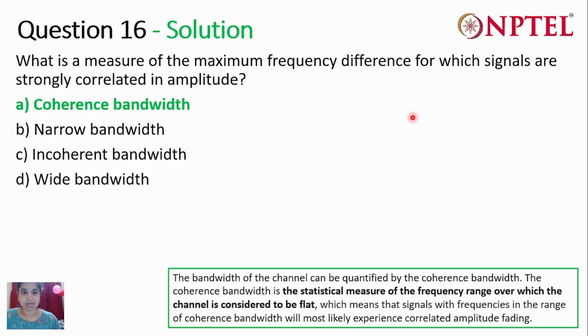As I said, the answer is coherence bandwidth. Generally, coherence bandwidth is the measure of the frequency range over which the channel is considered to be flat. That is, the signals with frequencies in the range of coherence bandwidth will most likely experience correlated amplitude fading.